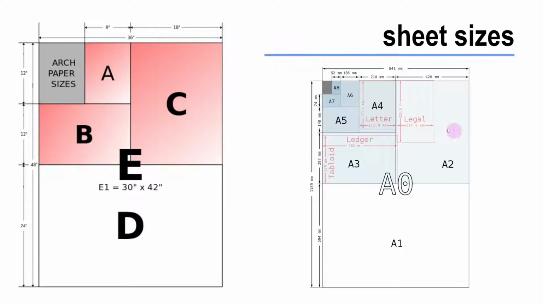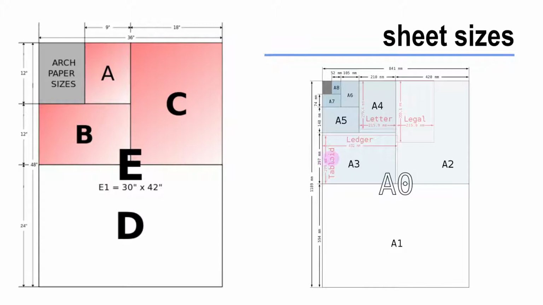Now, there's two different families of paper types. We have just our regular standard paper types. So right here would be just a standard 8.5 by 11 sheet of printer paper. And then what we'll use for our first hand-drawn project is a sheet of tabloid paper, which is 11 by 17.